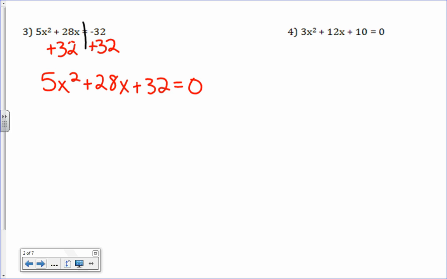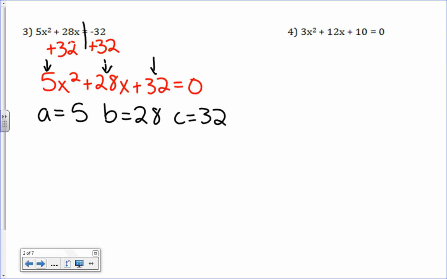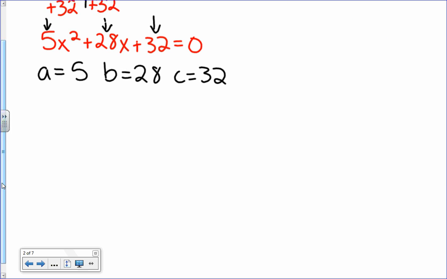Again, just like last time, easiest thing to do, label A, B, and C. A's 5, B's 28, C's 32. Remember, A is in front of x squared, B is in front of x, C is the number by itself, C for constant. So from there, I would just use my quadratic formula.